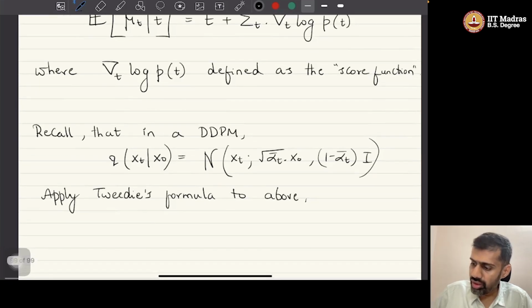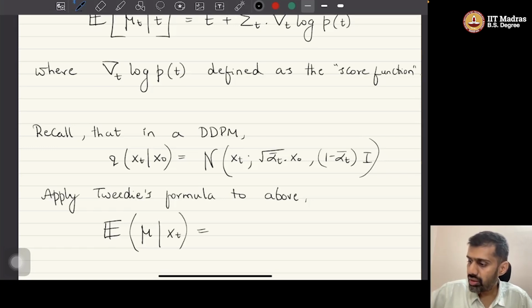we have the expectation of the mean given x_t, the random variable that we are talking about now being x_t, given by x_t plus 1 minus alpha_t bar times the score.